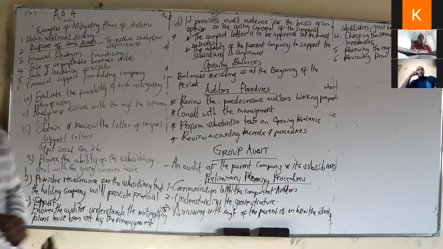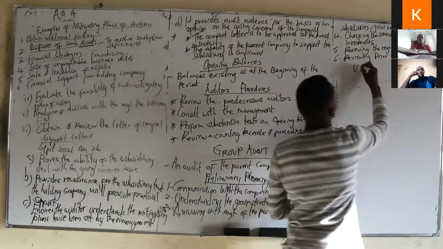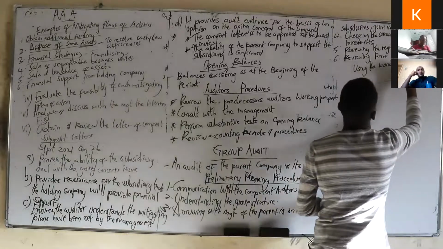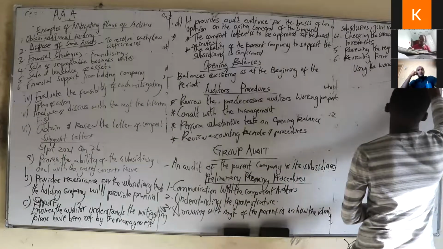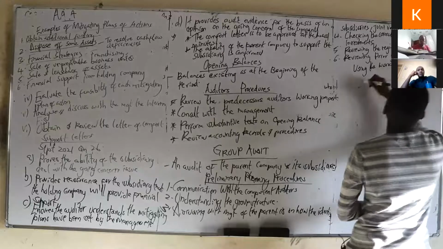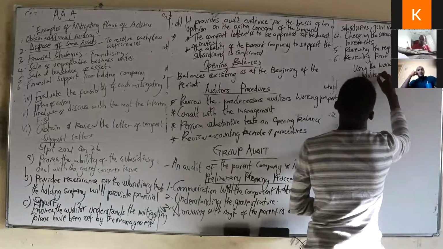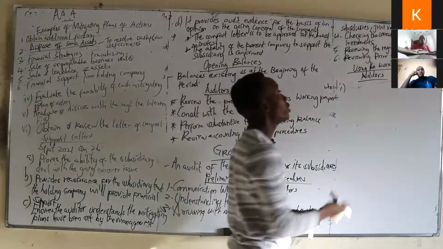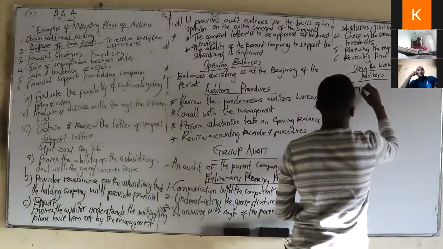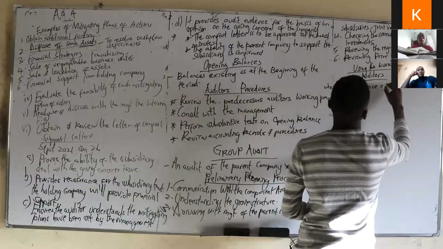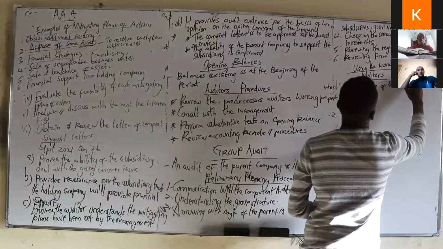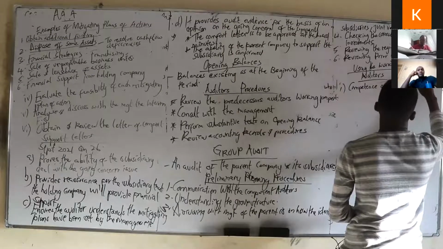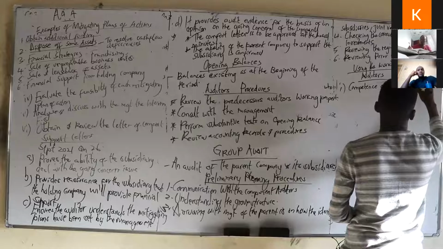So when you're using the work of a component auditor in a group audit, one of the things that you will look at is the competence of the component auditors, and that brings you back to the qualifications of the auditors.